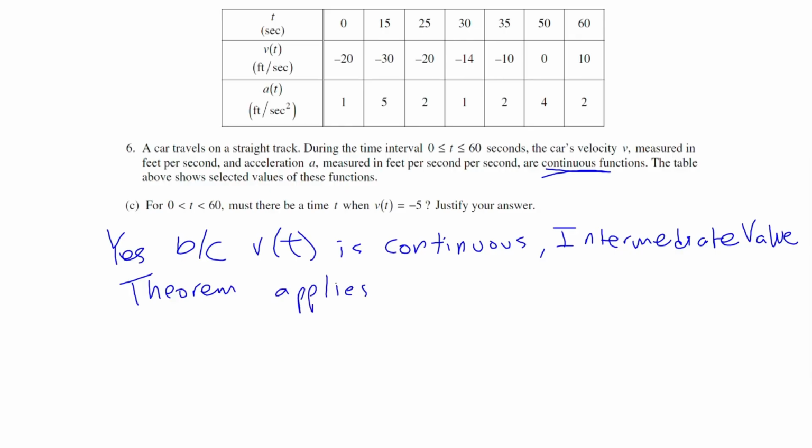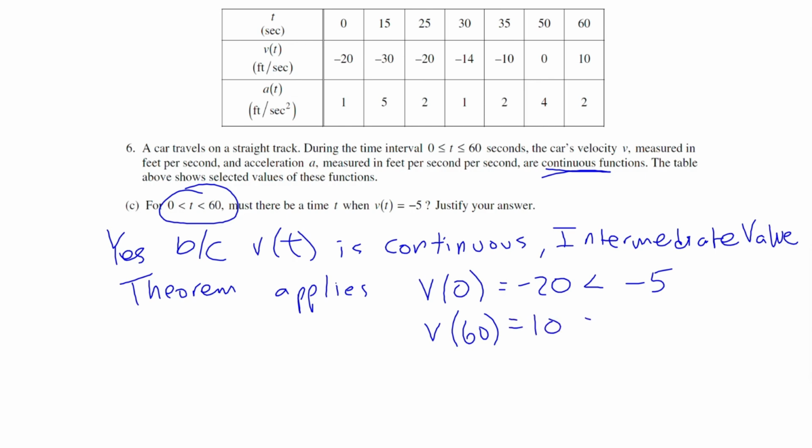And we'll note that we can pick a lot of different values here. We'll just say v of 0 equals negative 20, and that's less than negative 5. And v of 60, because we are allowed to do the whole thing from 0 to 60, v of 60 is 10, and that's greater than negative 5.